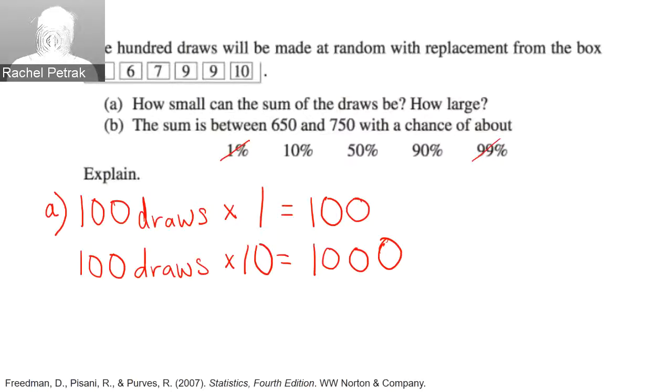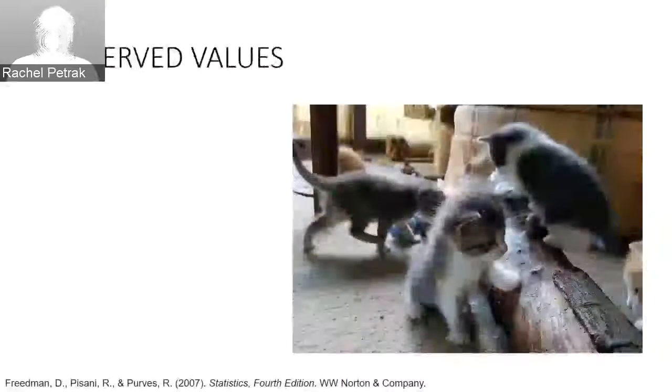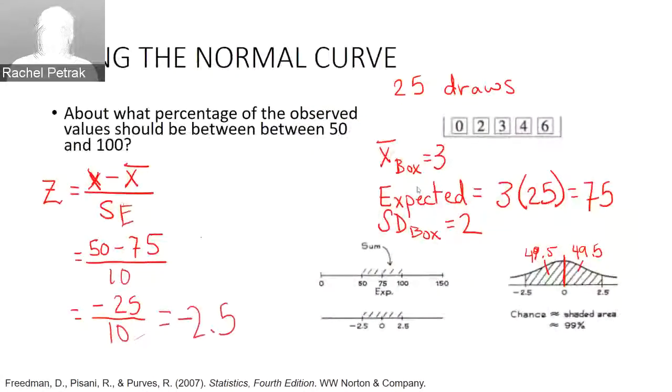Because remember that in our earlier problem, 99% of the scores were within a very small portion of the range, right? 99% were within 50 to 100, and that left a lot of space on the edges of the distribution.